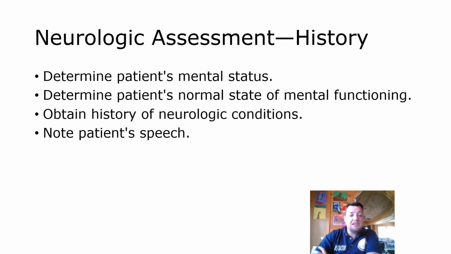We're going to obtain a history of neurological conditions. So what kind of neurological conditions do they have? Have they ever had a stroke before? Do they have seizures? Anything like that. And then we're going to also note the patient's speech in regards to the neurological assessment, just because speech could be an indication, slurred speech can be an indication of a stroke.